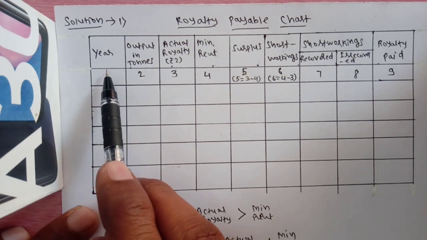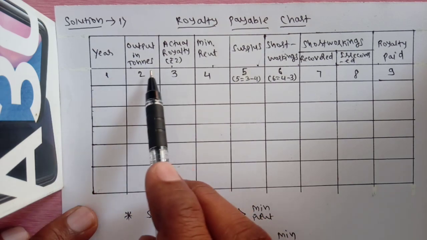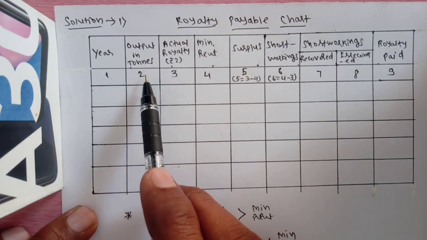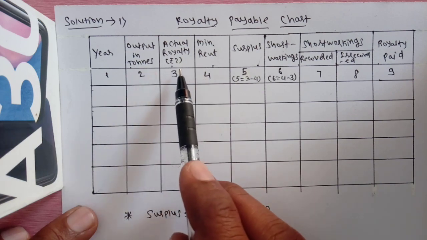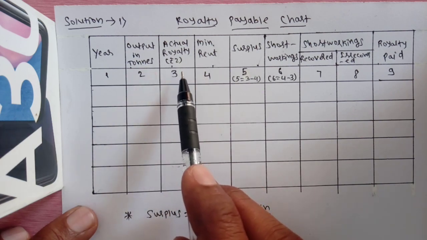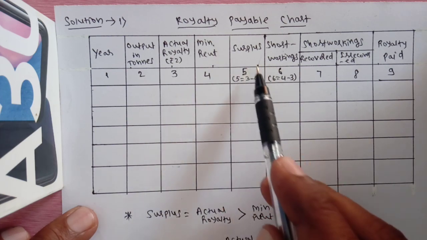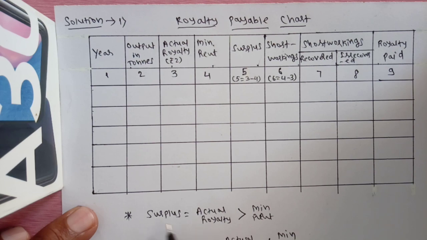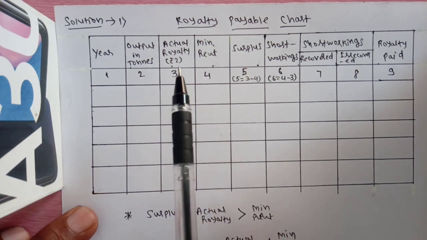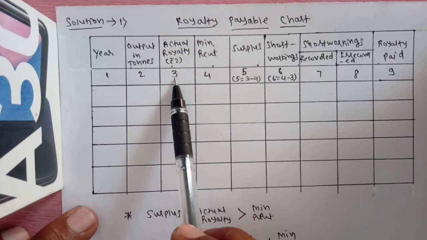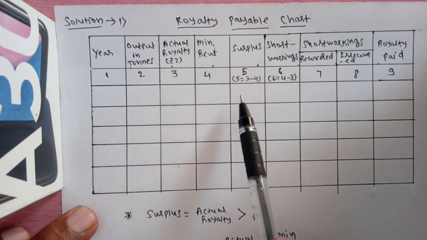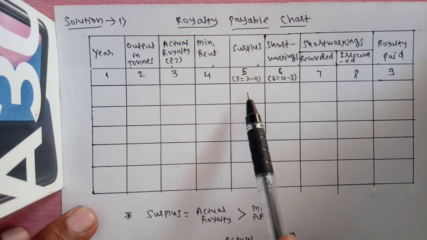So first column is year, second one is output in tons, third one is actual royalty, fourth one is minimum rent, fifth one is surplus. What is surplus? Surplus is nothing but when actual royalty is more than minimum rent. When actual royalty is more than minimum rent, then we have to take the amount over here.